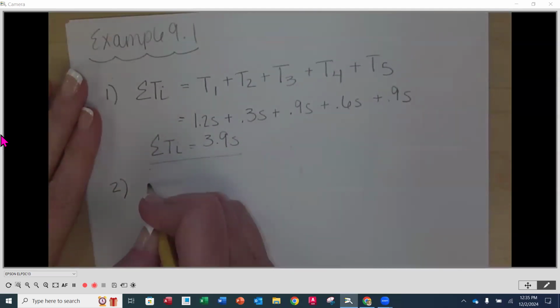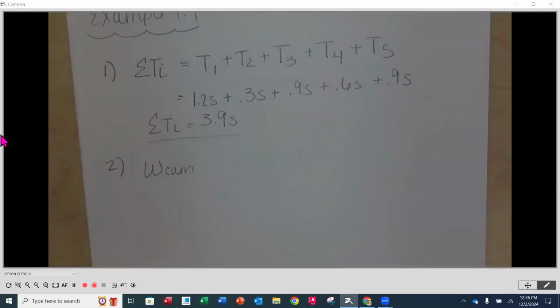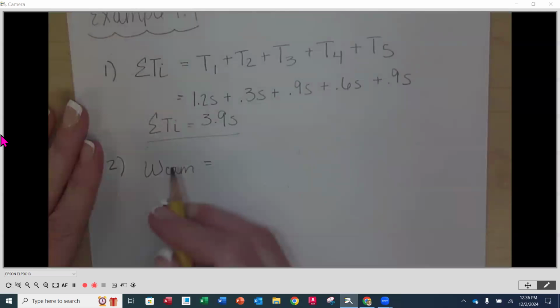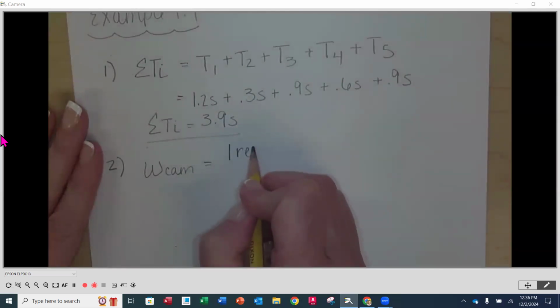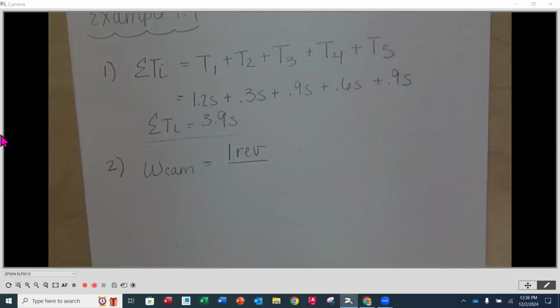That means that we're going to be figuring out what is the rotational speed of our cam. Remember, the rotational speed of the cam is our input motion, okay? Now, we know that we need to make 1 revolution per the amount of time, right?